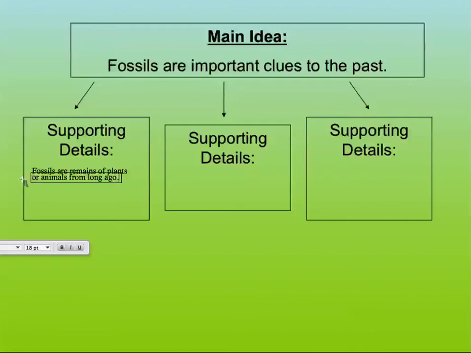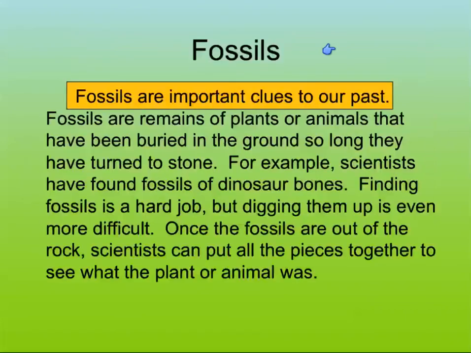So I put fossils are remains of plants or animals from long ago. That detail, supporting detail, supports the idea that fossils are important clues to the past. Very good. And maybe you came up with another one too. Maybe you noticed that scientists have found fossils of dinosaur bones.